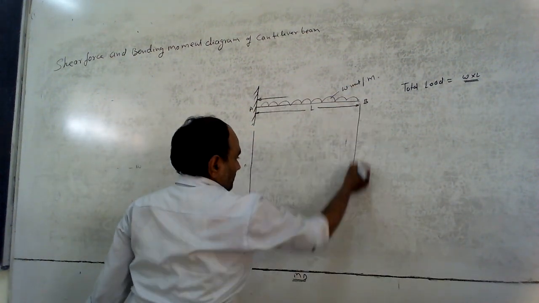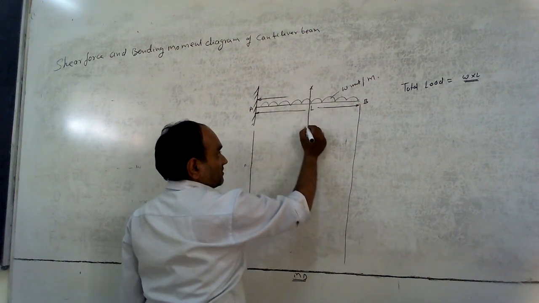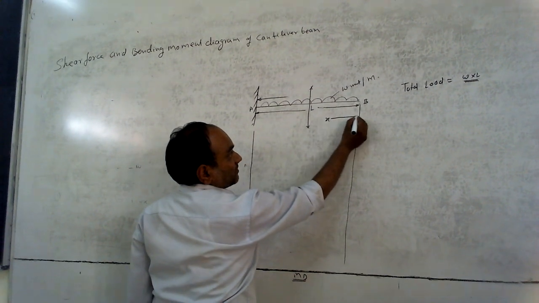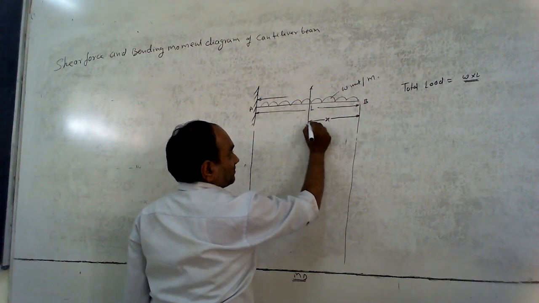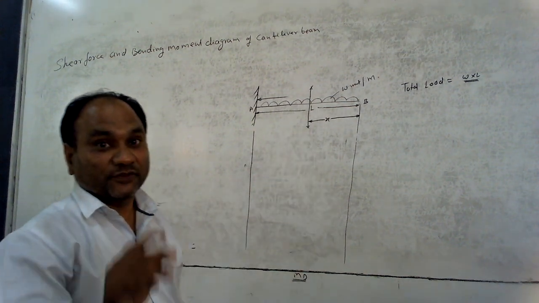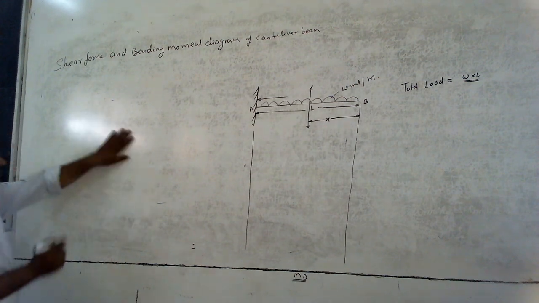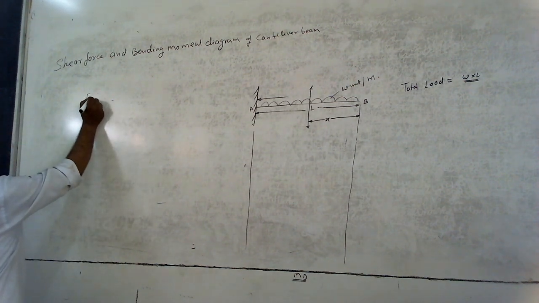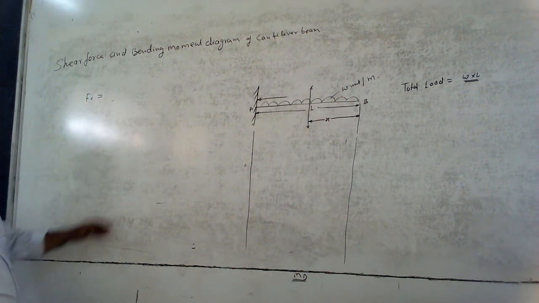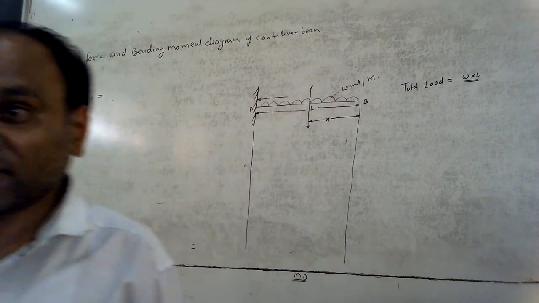Now again we will consider a section XX at a distance x from the free end. At this section we have to find out the value of the shear force and bending moment. So first we have to find out the shear force, that is Fx. Fx means shear force at section XX. What will be the shear force at section XX?